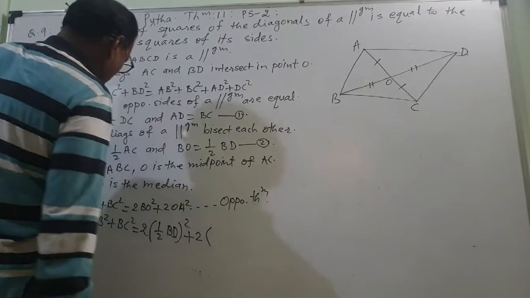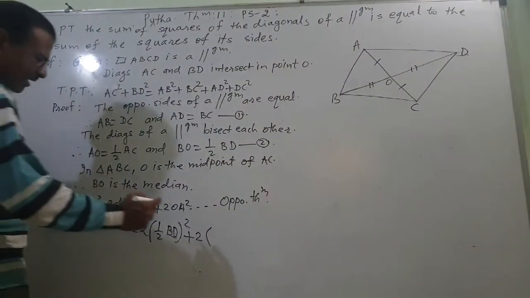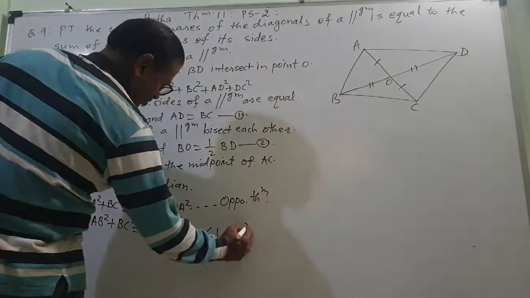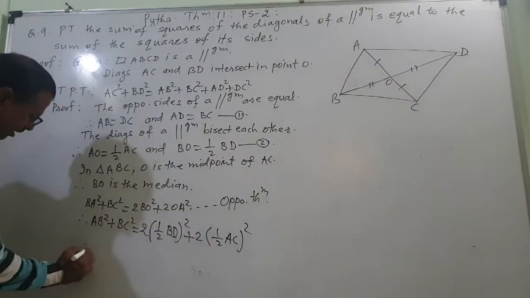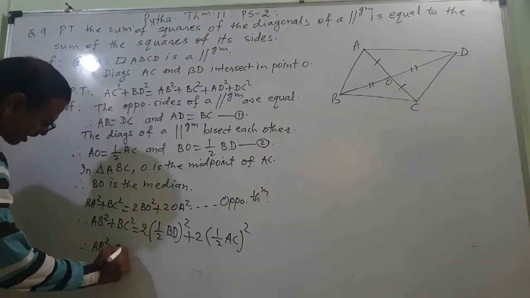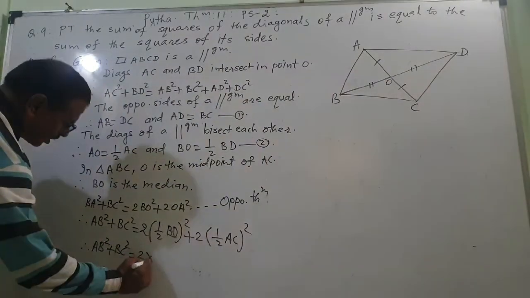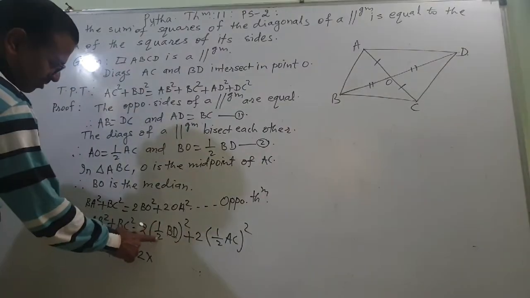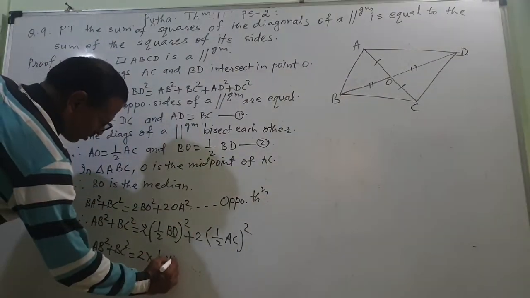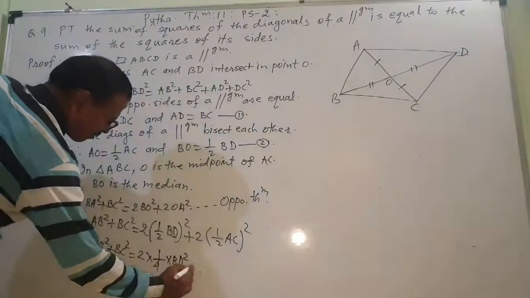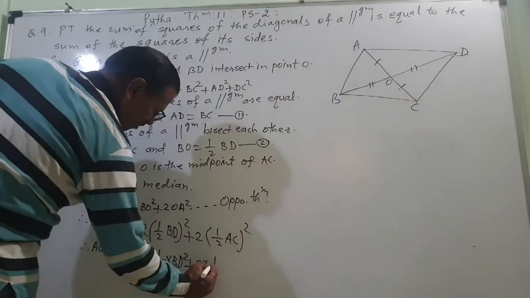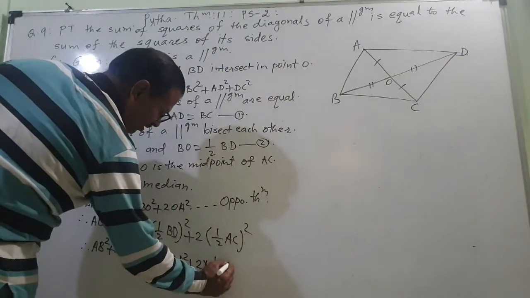OA is equal to half of AC, half of AC its square. Therefore, AB square plus BC square is equal to 2 into 1 upon 4 into BD square plus 2 into 1 upon 4 into AC square.